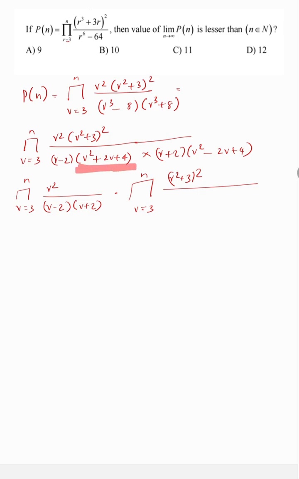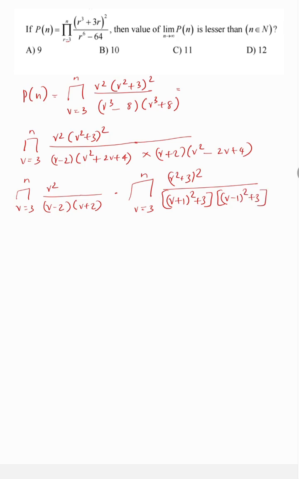I am doing completing the square, then I will get (r plus 1) whole square plus 3, into, and r square minus 2r plus 4, this one. That also I am going to do completing the square. Then I will get (r minus 1) whole square plus 3.